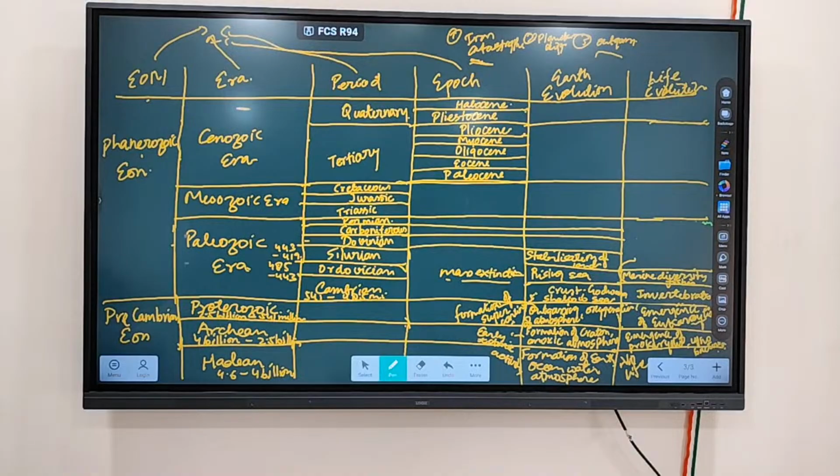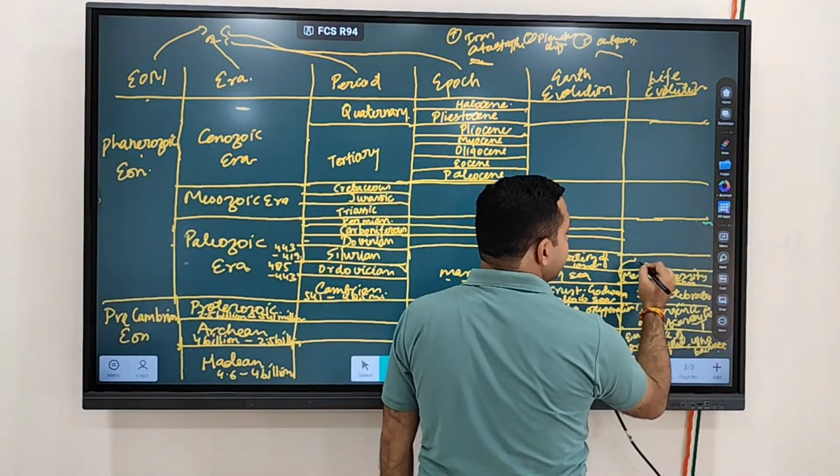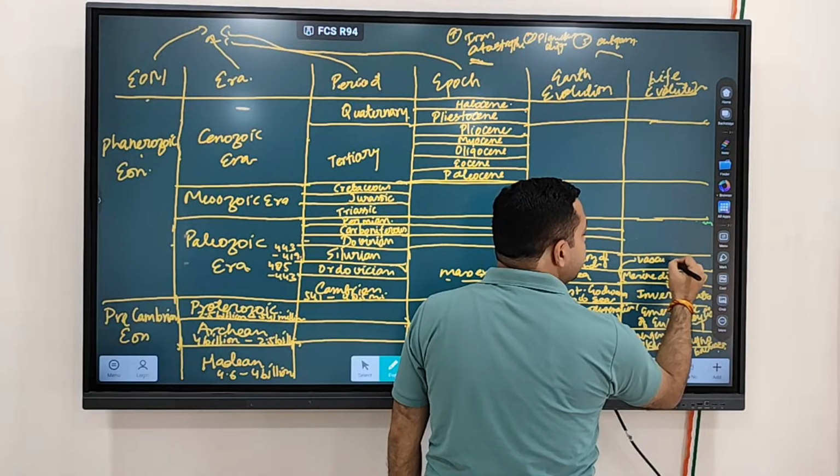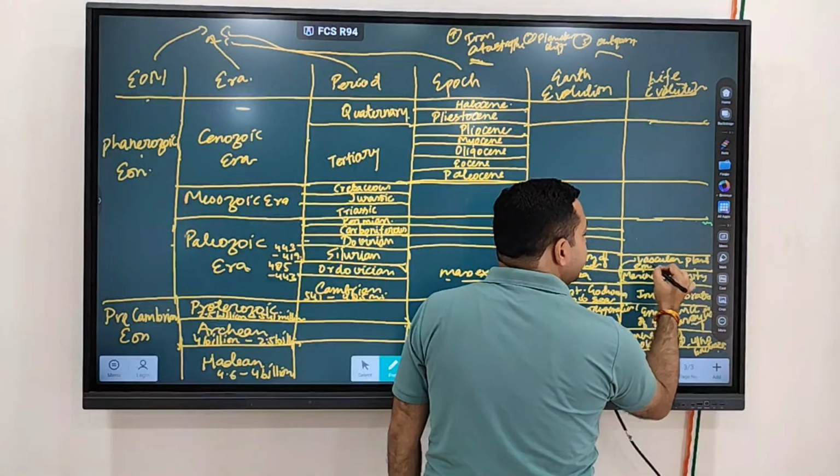Land has become more stabilized, there are no variations. So with more stabilization of lands, as a result you see vascular plants emerging.